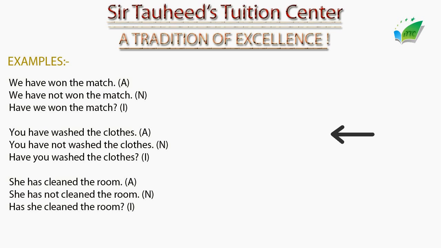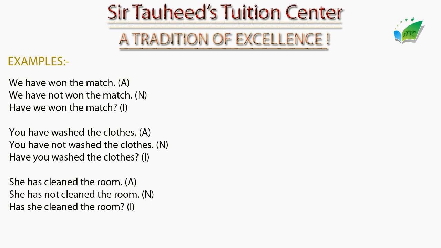So the sentence would become, you have not washed the clothes. This is a negative sentence. To make this sentence an interrogative, we have to put have in the first place, and in the second place we'll put the subject. And the sentence will become, have you washed the clothes? And in the end we'll have to use an interrogation mark. This is an interrogative sentence.